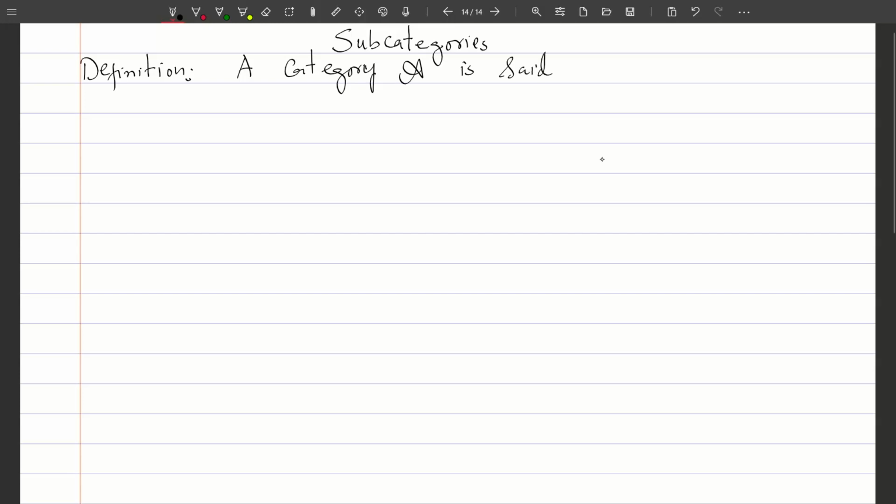of a category B, provided the following conditions are satisfied.